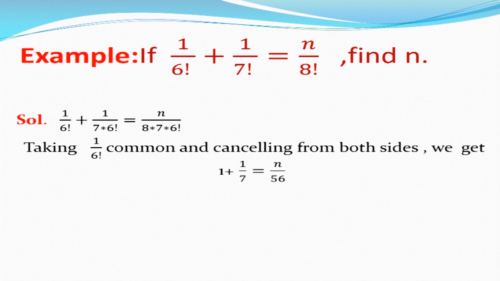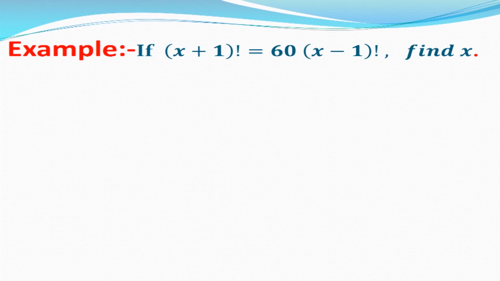Taking 1 by 6 factorial common and cancelling from both sides, we get 1 plus 1 by 7 is equal to n by 56, or 8 by 7 is equal to n by 56. By cross multiplication, n is equal to 56 into 8 by 7, which is equal to 64, which is the required answer.